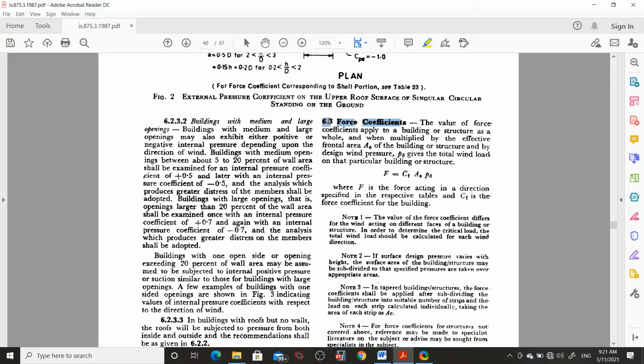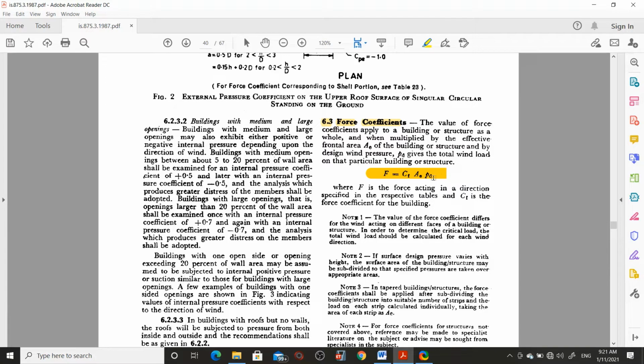F is the force acting in the direction specified in the respective tables, and Cf is the force coefficient for the building. By this equation we can find Cf, Ae and Pd.